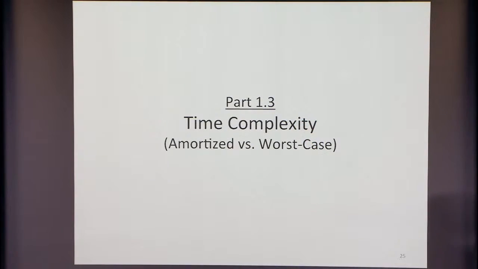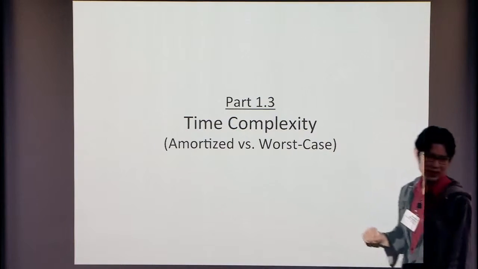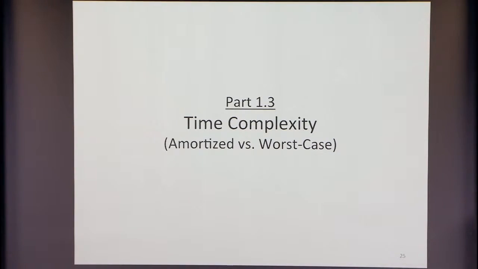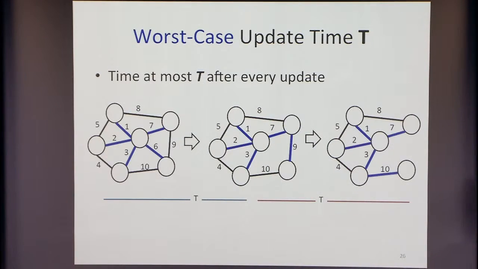There will be two notions, amortized and worst case. Let me start with the worst case running time complexity. It's the most simple thing that you can imagine. You delete something, just one edge, and you want to know how much time you need to recover the information that you want to maintain.